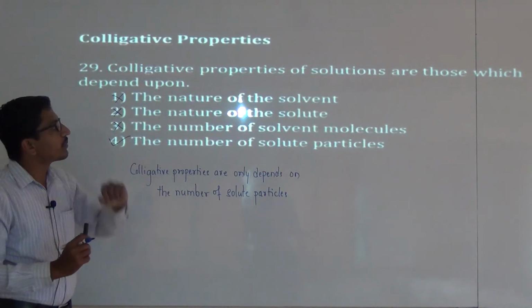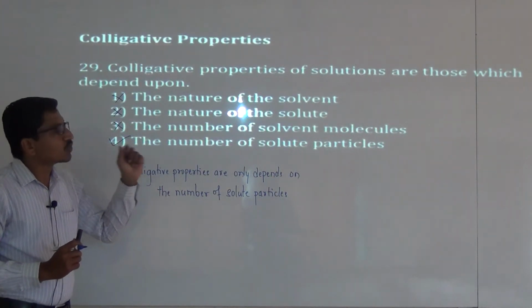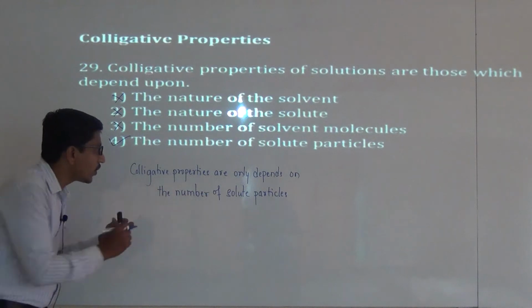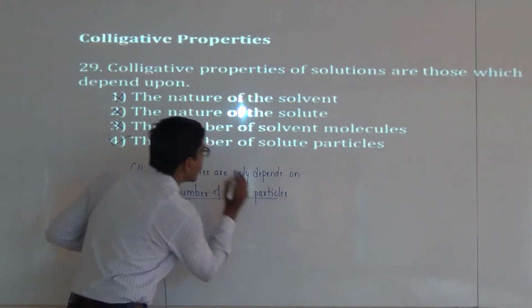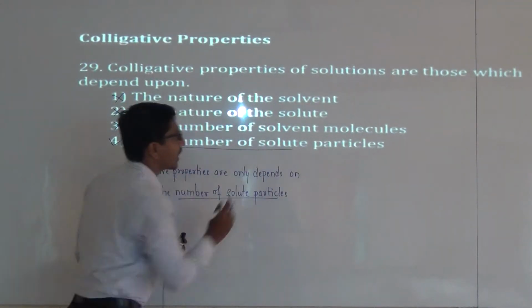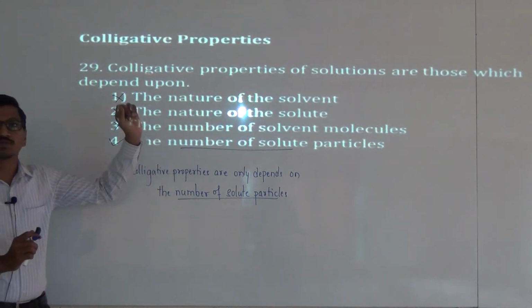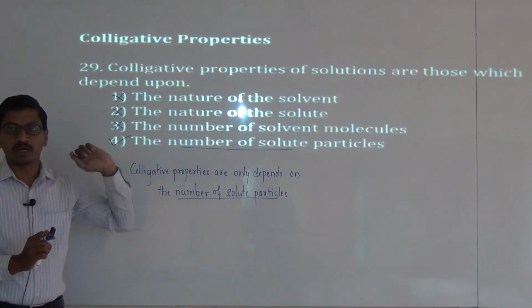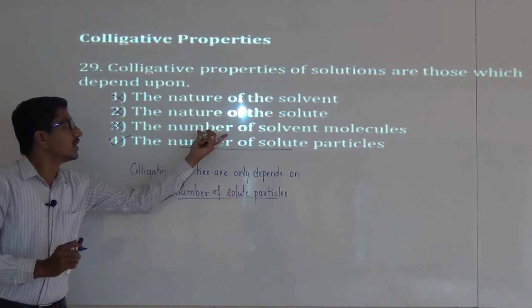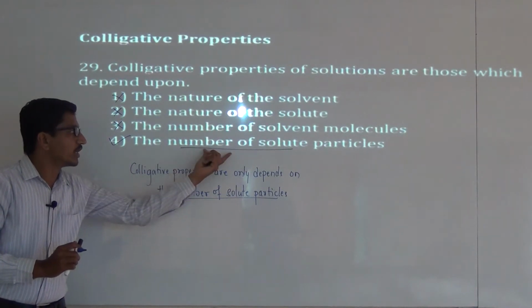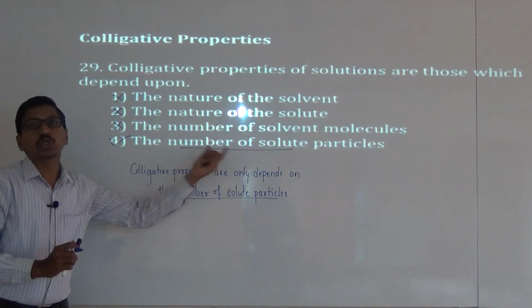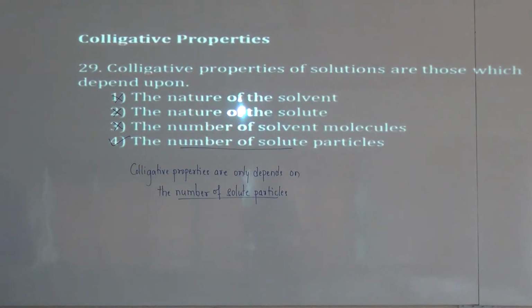The colligative properties of the solution are those which depend only on the number of solute particles, not on the nature of solute as well as nature of solvent particles, and also not on the number of solvent particles.